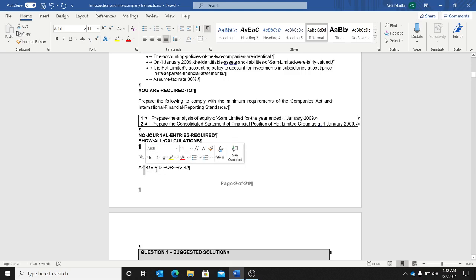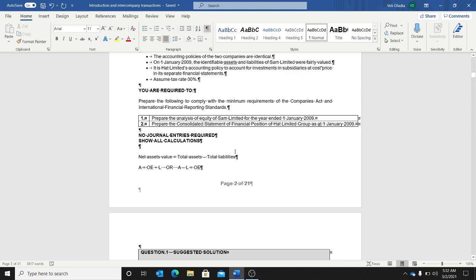It's plus L; when I push it across the equal sign, it must become minus on that side. So that is why I'm saying A, which is assets, minus L equals OE.